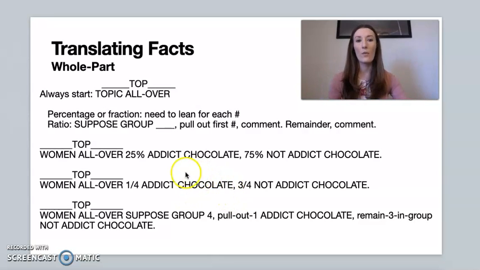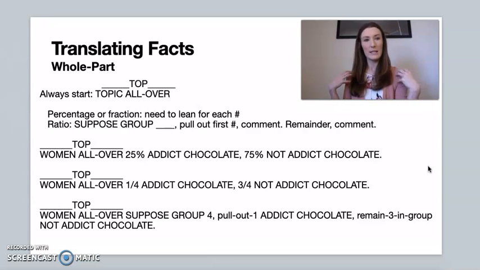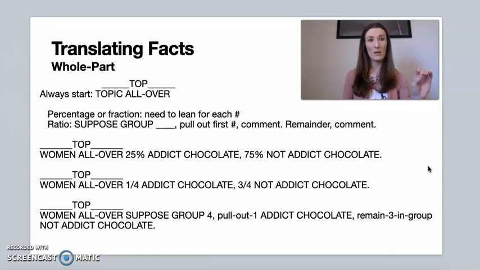Okay, so I'm going to do the percentage one as an example. So you go women all over. On one side, it doesn't matter which side you lean, 25%. You make a Z with a 0. Addicted, pretend to hook your lip, chocolate. You then have to lean to the other side to finish your percentage.